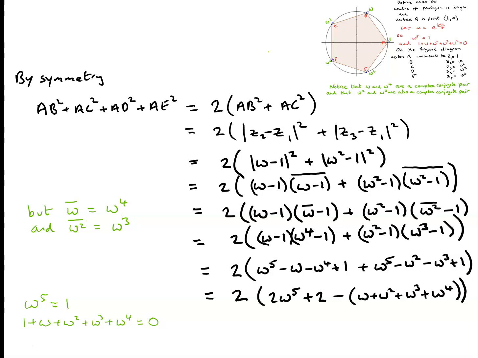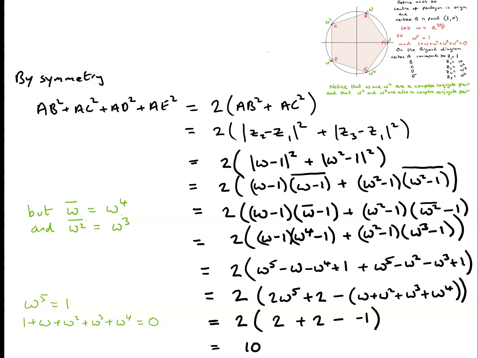So therefore omega plus omega squared plus omega cubed plus omega to the 4 is actually equal to minus 1. So what we've now got is 2 times 2 plus 2 minus minus 1. In other words, we've got 2 times 5, which is equal to 10. So we've proved that AB squared plus AC squared plus AD squared plus AE squared is equal to 10.